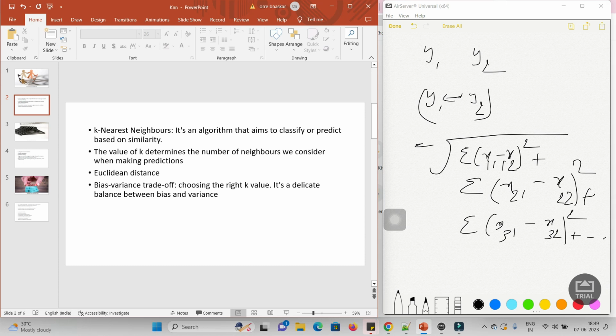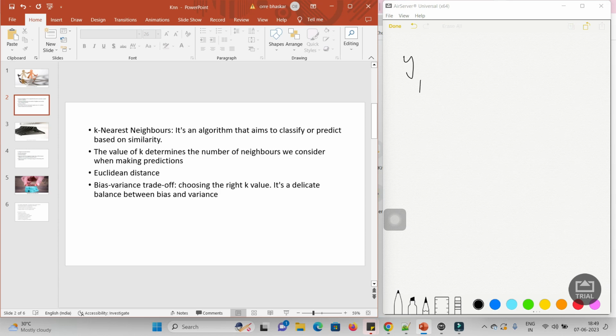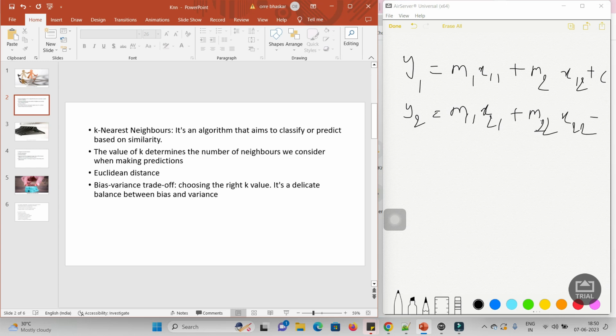So what are our x1 and y1? y1 equal to m1 x11 plus m2 x12 plus c. y2 equal to m1 x21 plus m2 x22 plus c.